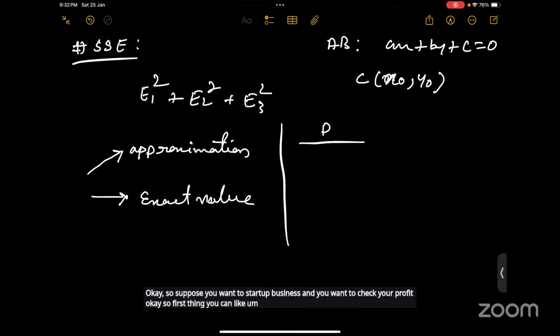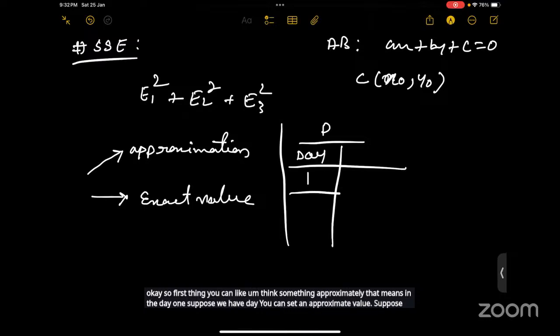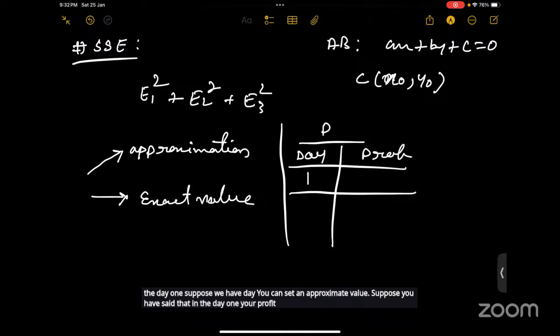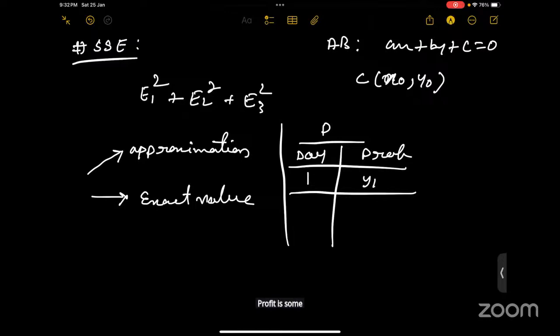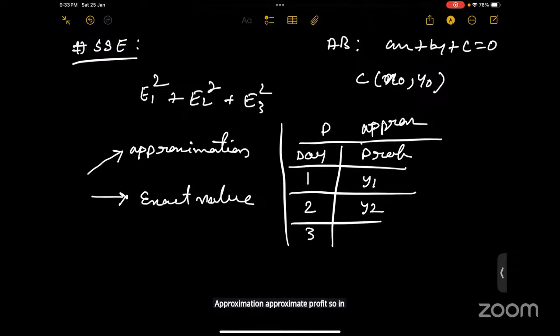Suppose you think something approximately. In day 1, you set an approximate value, suppose your profit is some y1. In day 2, your profit is some y2. This is the approximate profit. In day 3, you have the approximate profit y3.